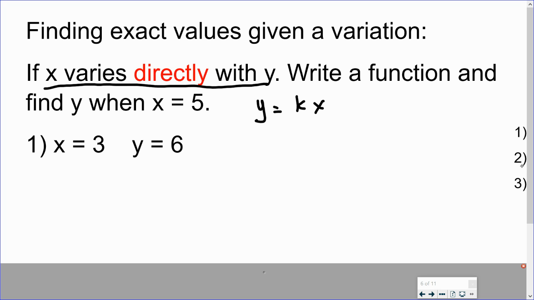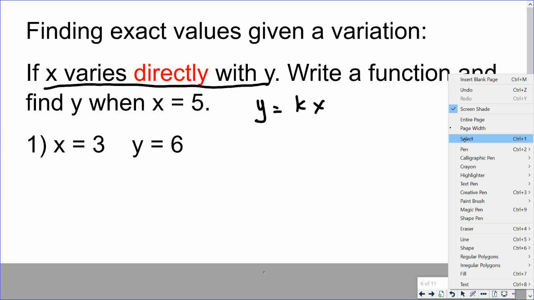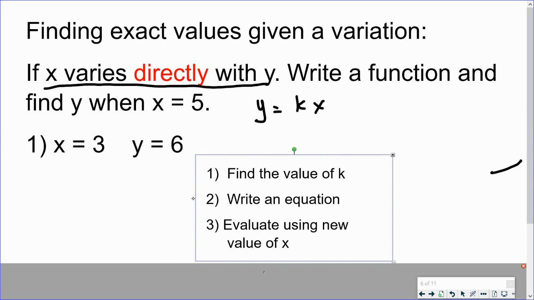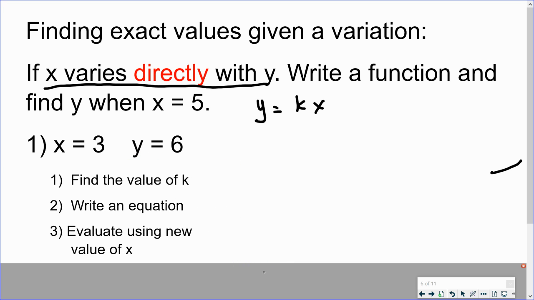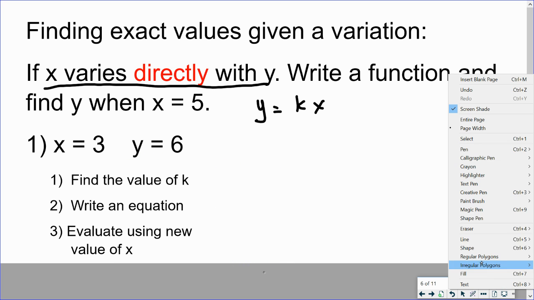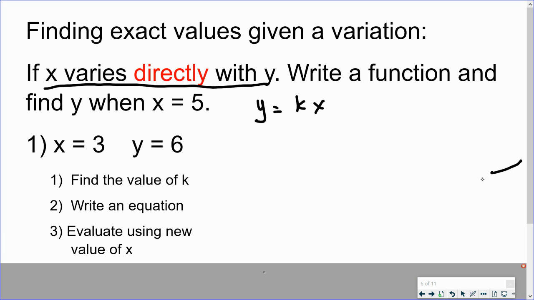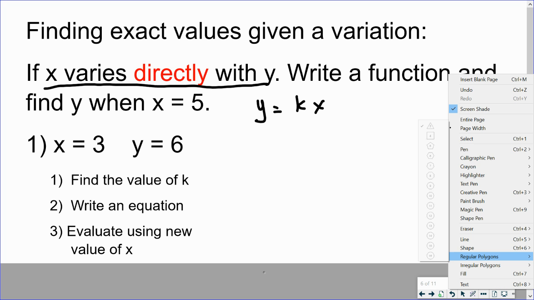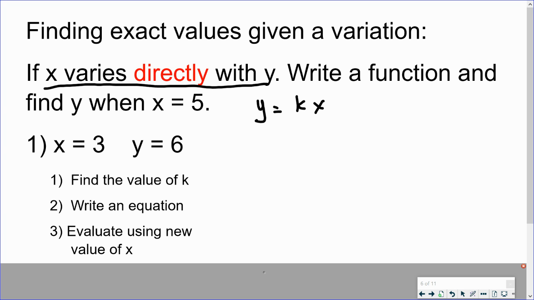So the first thing I do is I start off with my general formula, y is equal to kx.